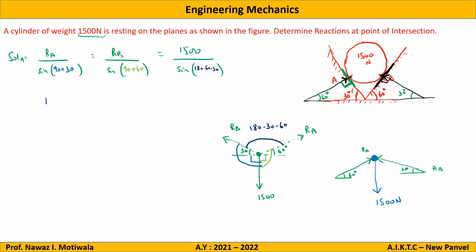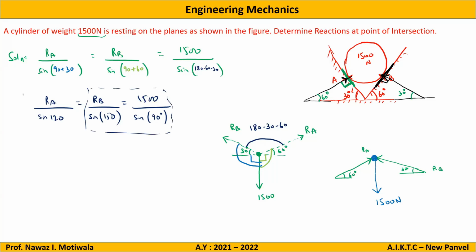So finally, what I will get is RA divided by sine of 120 is equal to RB divided by sine of 150 is equal to 1500 divided by sine of 90. So you consider these two terms and then these two terms, and you will get the answers for RB and RA. The value will be in newtons.